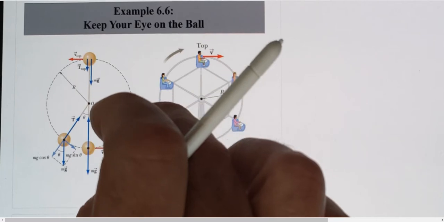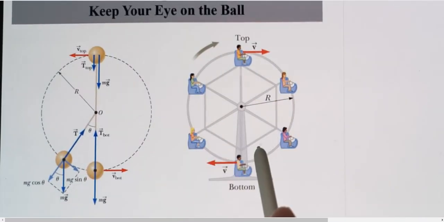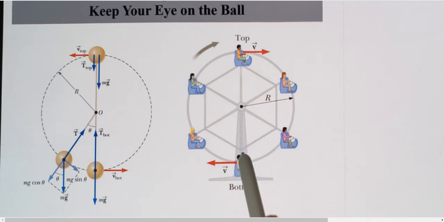So previously we talked about this example where we have constant speed, velocity is changing, but the speed was constant. Now let's talk about the speed changing.